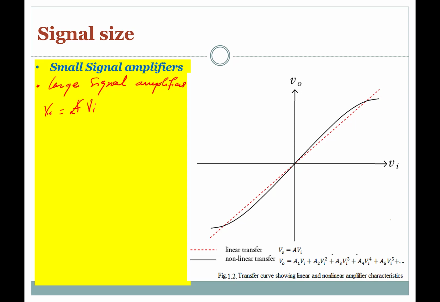For a real amplifier, the transfer curve will not be a perfectly straight line, and the relationship between input and output voltage would be represented by a polynomial function to represent the output voltage.